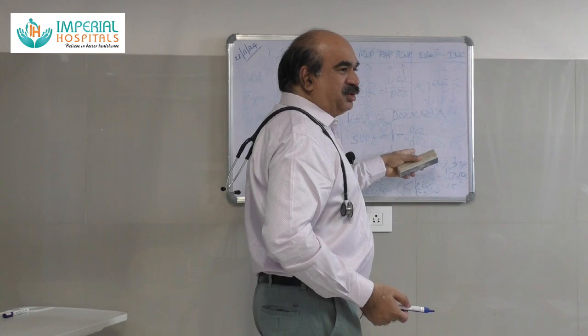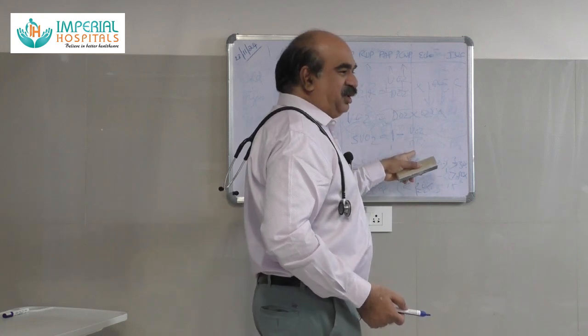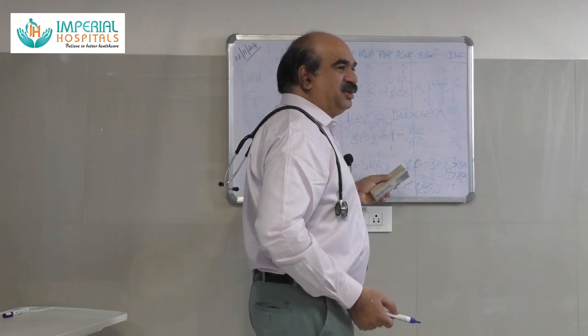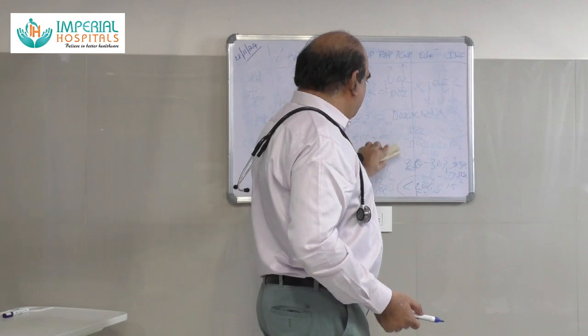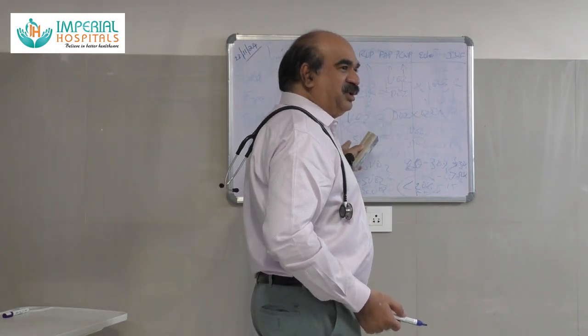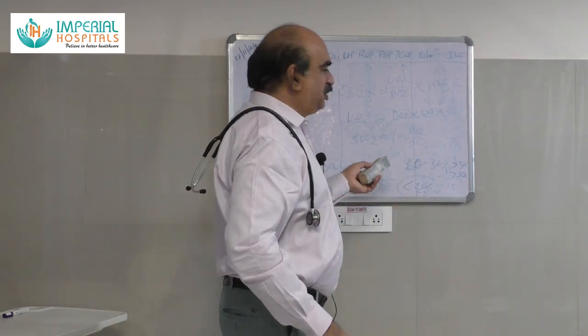If DO2 is low, delivery is low, uptake of oxygen by tissues will be increased, then SvO2 will be low. Here it is 1 minus VO2 by DO2, okay, if DO2 is low.